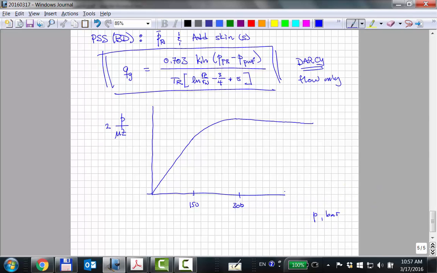Okay. So above about, I think Fetkovich says 3,500 psi, which is around 250 bar. What's 3,500 divided by 50? It's about 250 bar-ish. Okay. Then it's more or less constant.